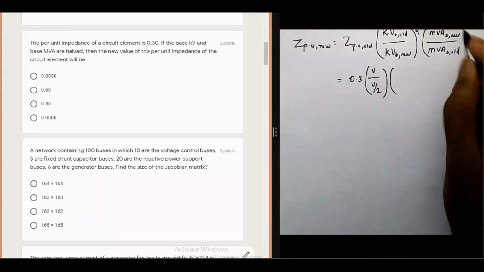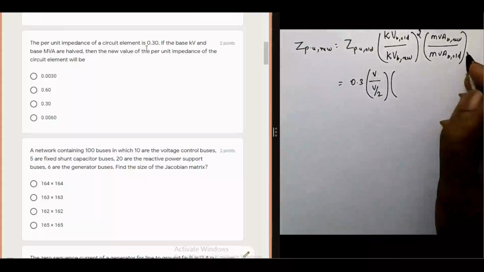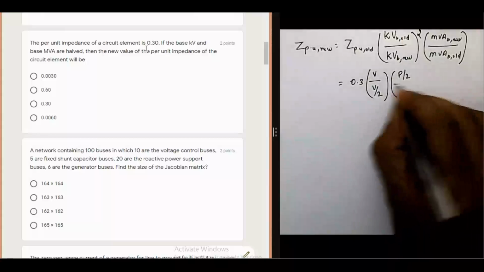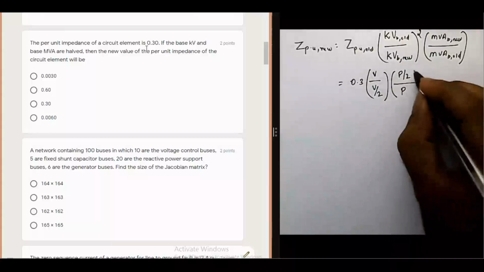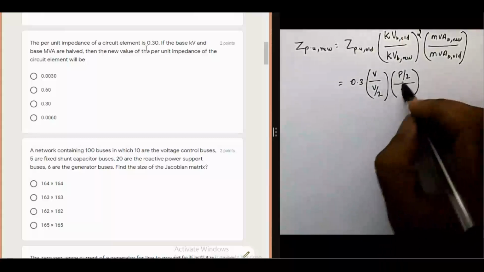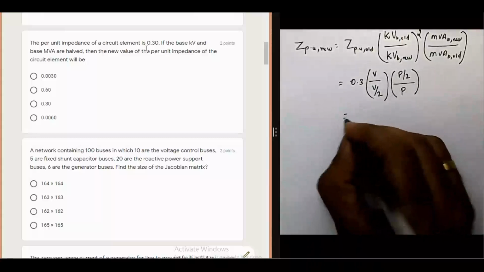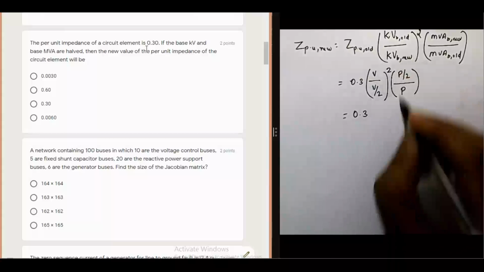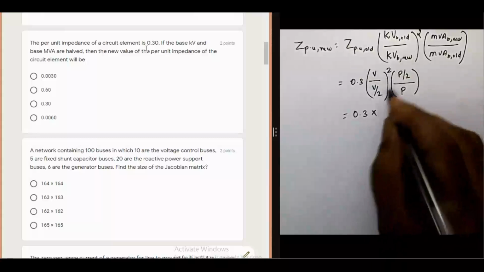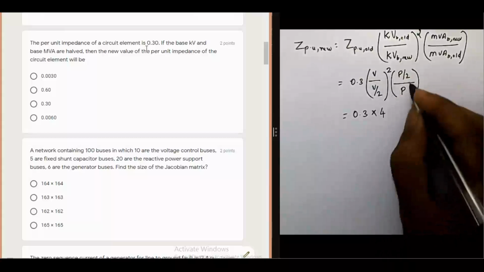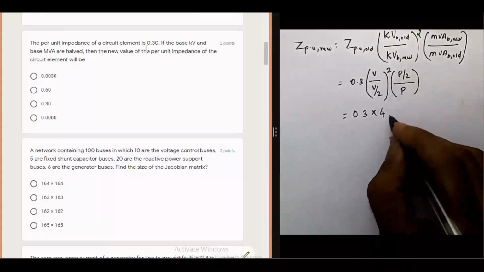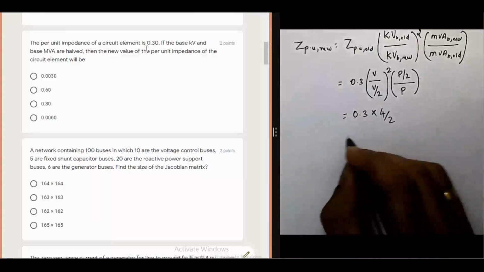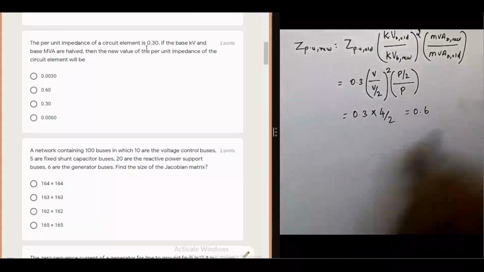Then the megavolt ampere old value is taken as P, and the new value is half of that, so P by 2. Then simplify: 0.3, here V cancels, the whole square gives 2 square, that is 4. Then P cancels, divided by 2. That is 0.3 into 2, so the answer is 0.6.